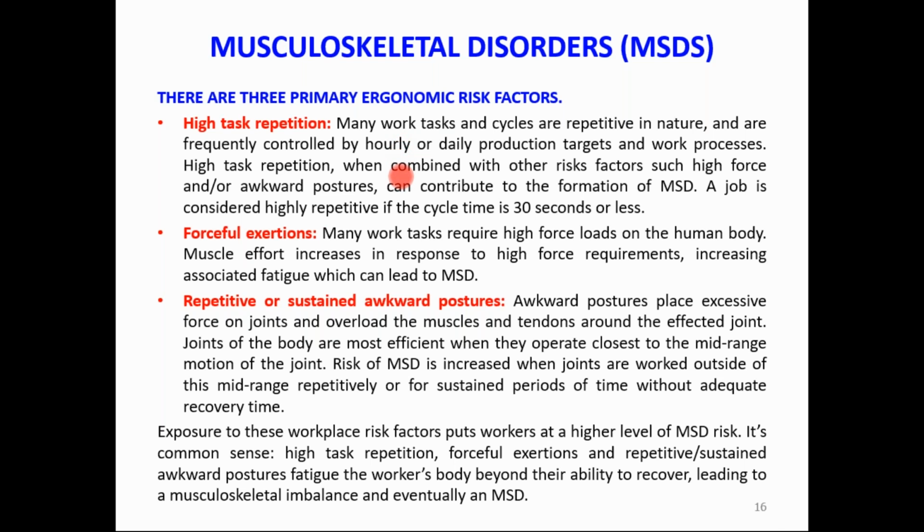High task repetition, when combined with other risk factors such as high force and awkward posture, can contribute to the formation of MSD.